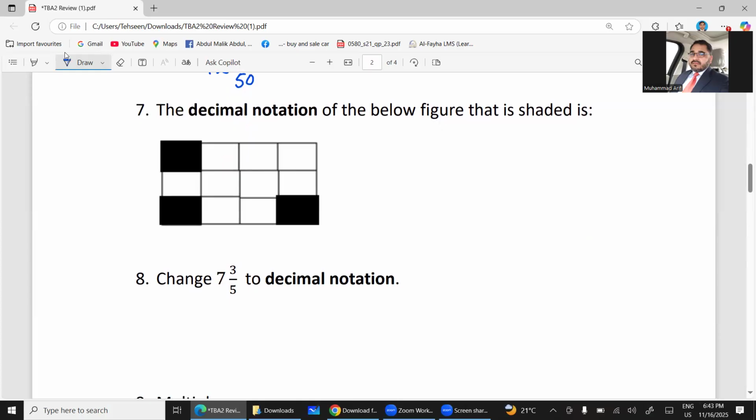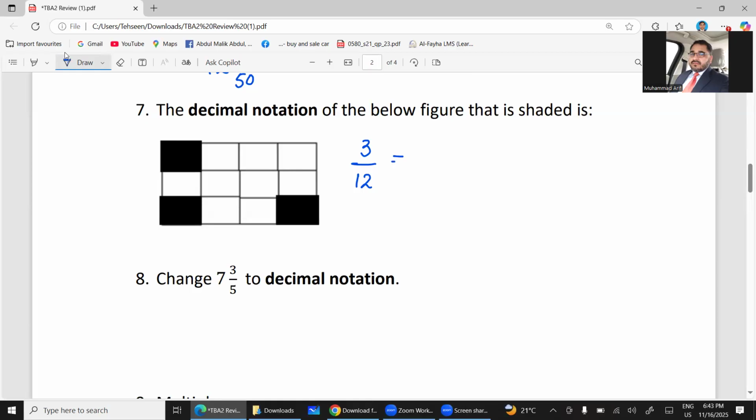Question 7 is the decimal notation of the shaded part of the figure. First of all, we can write it as a fraction, then we can change it to a decimal number. Here 3 blocks are shaded, and how many total blocks? Total are 12. Directly we can convert to the decimal notation, or first we can simplify.